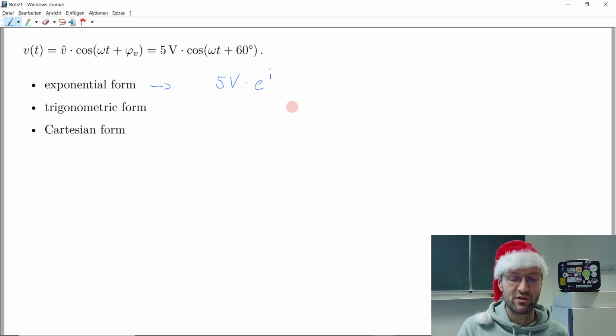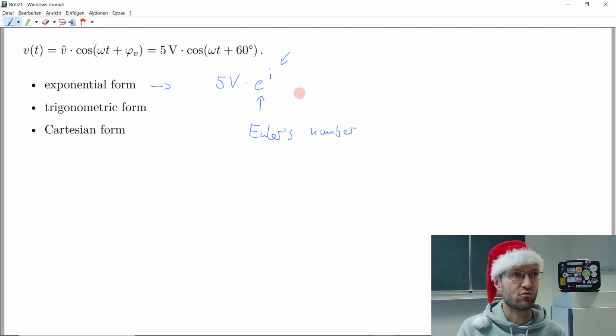And then the imaginary unit. This is Euler's number, or Euler's constant, 2.72 something. And this is the imaginary unit. The imaginary unit in mathematics is called i.